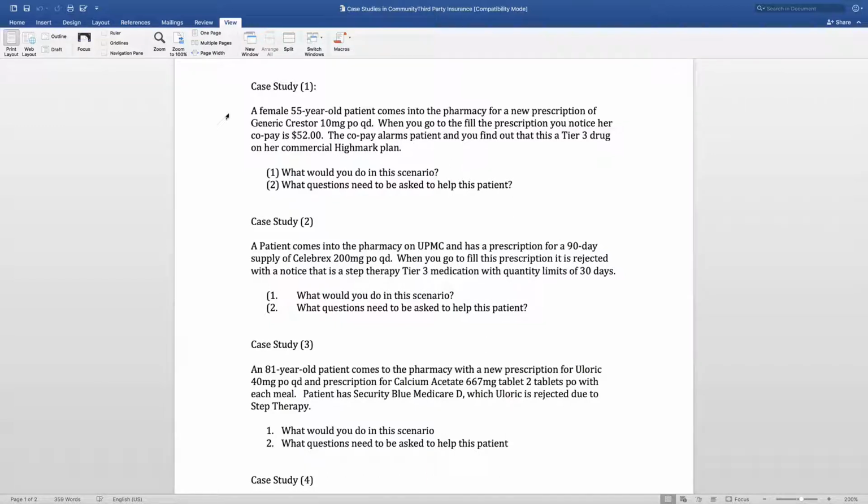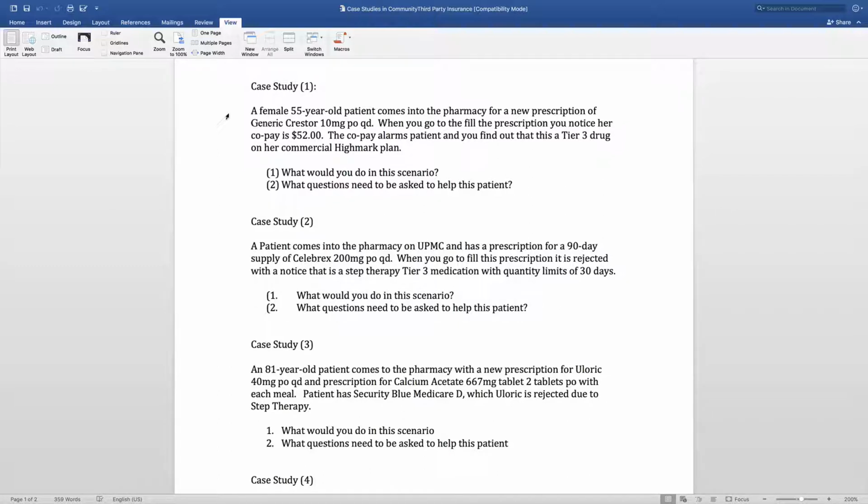And what a lot of times insurances do now is, not every drug is a prior auth drug, but sometimes they look at whether maybe this drug's not worth prior authorizing. So they'll put it into the third tier. And they do that sometimes with generics.